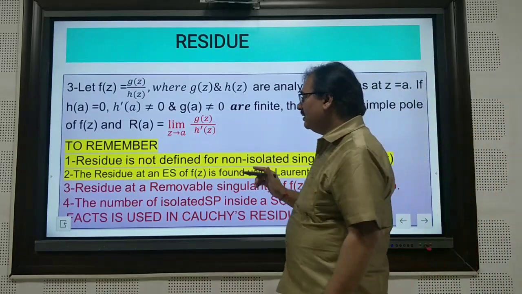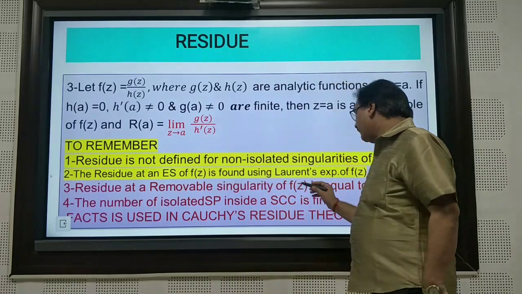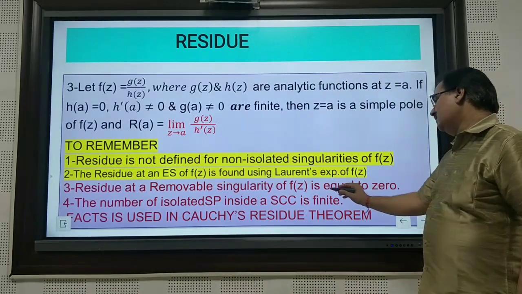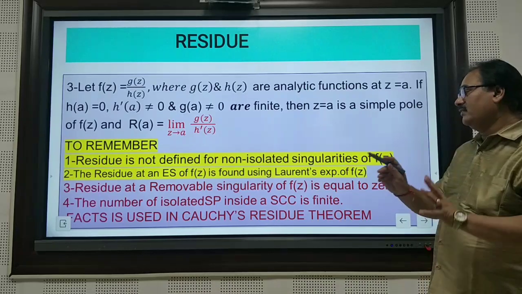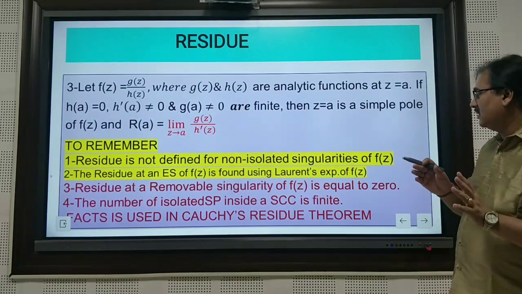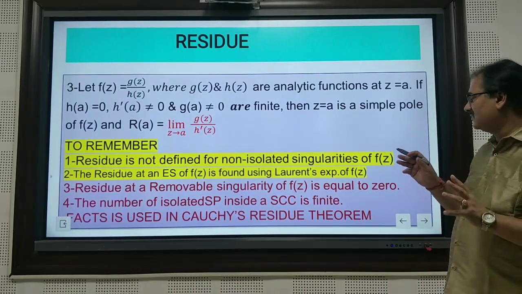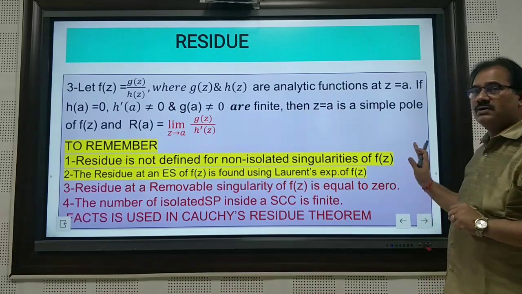Third point is, the residue at a removable singularity of f(z) is equal to 0. If the singularity is a removable singularity, then the residue at this singularity is equal to 0.